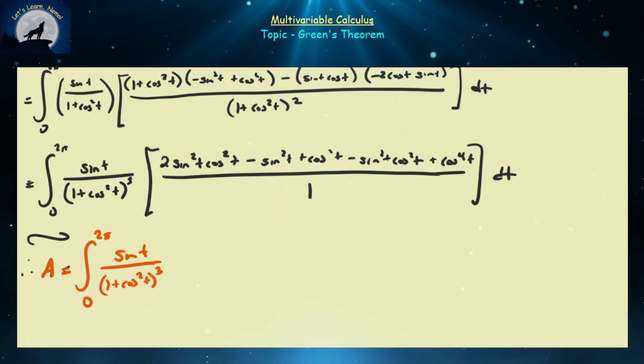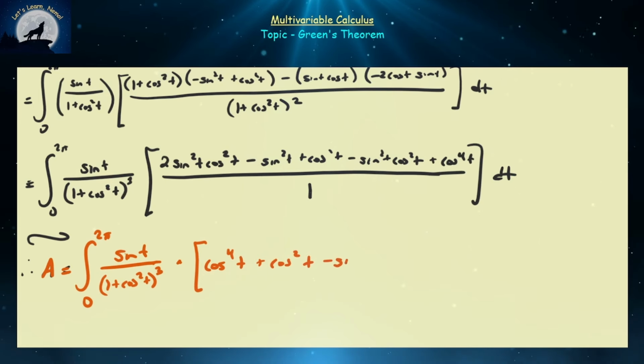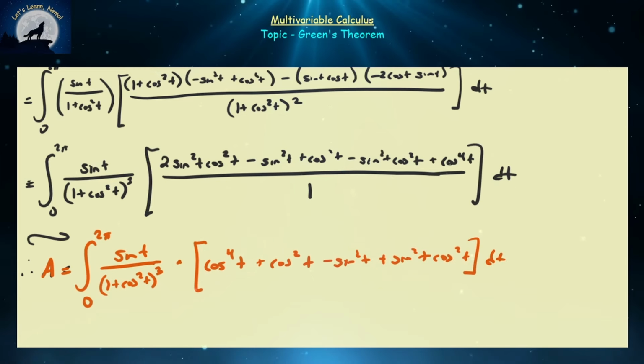Pay attention that sine here is going to be an odd function and the bottom is going to be an even function, multiplied by cosine to the power of 4 t, even, cosine squared of t, even, sine squared of t, even, plus sine squared t cosine squared t, even. So odd times even, odd, that would be 0.